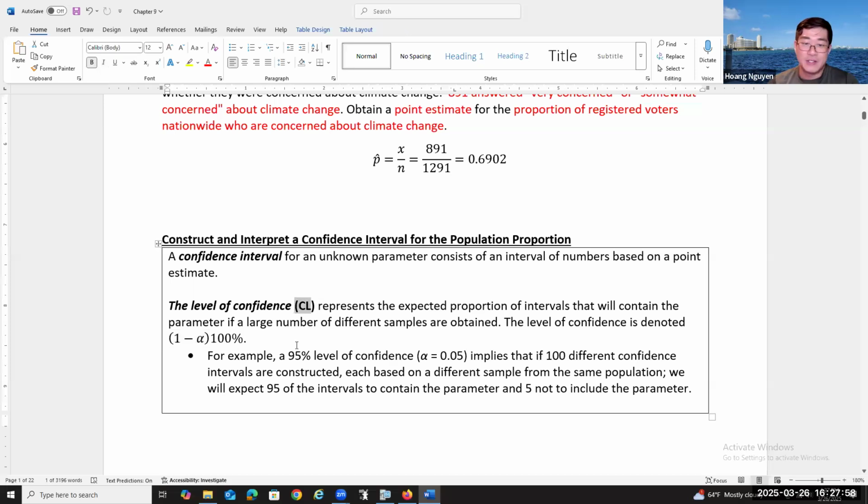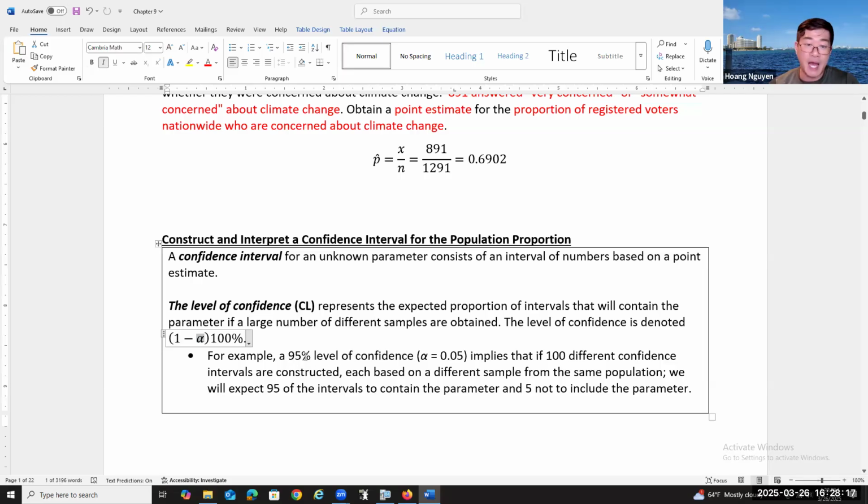Let's give you some numbers so it makes sense. For example, if you have a 95% level of confidence, so the confidence level is 95%, then alpha will be equal to the complement of that, which is 5% or 0.05.